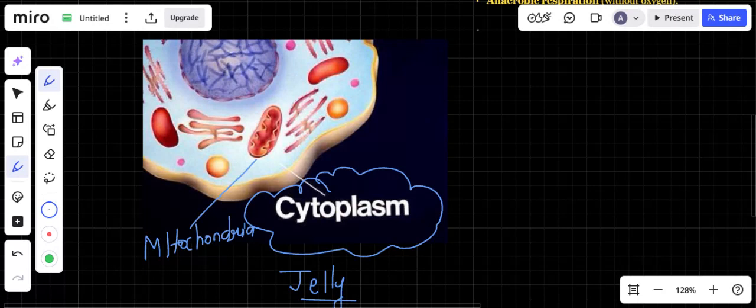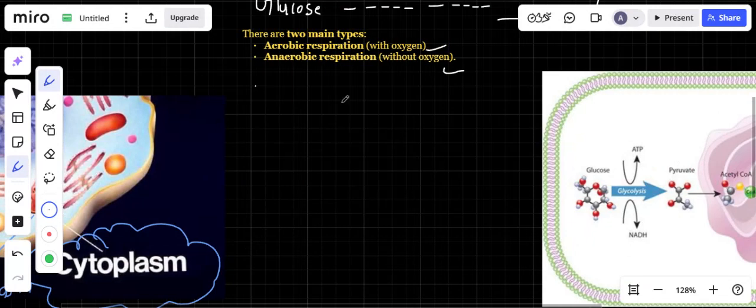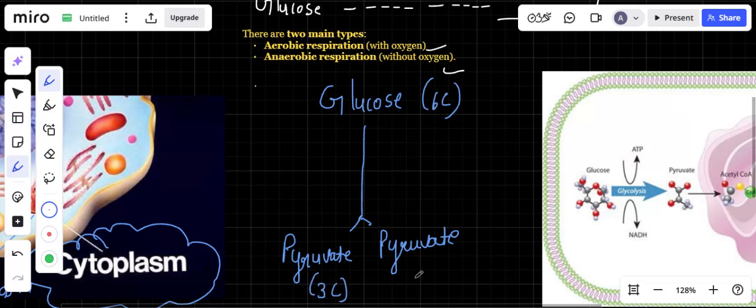In the cytoplasm, glucose is split into two molecules of pyruvate, which are three-carbon molecules each. So glucose breaks down into two molecules of pyruvate, pyruvate 1 and pyruvate 2. Glucose is a 6-carbon molecule and pyruvate is a 3-carbon molecule.